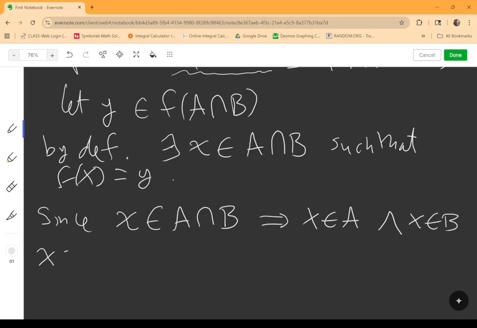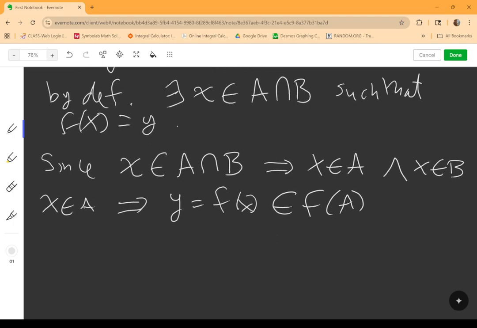Well, if x is an element of A, then by definition y equals f of x must be an element of f of A, the image of A. But also x is an element of B, since it is in the intersection.